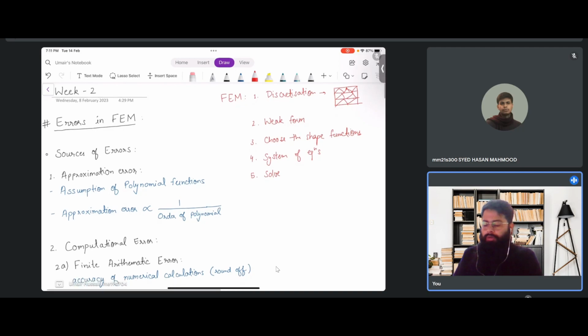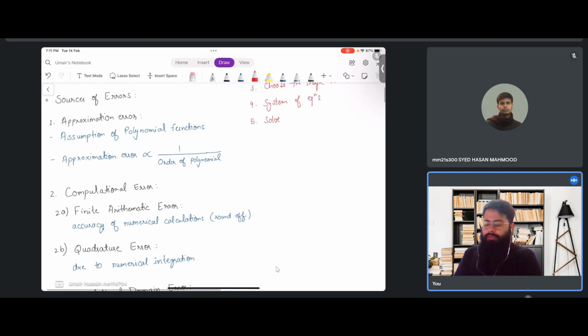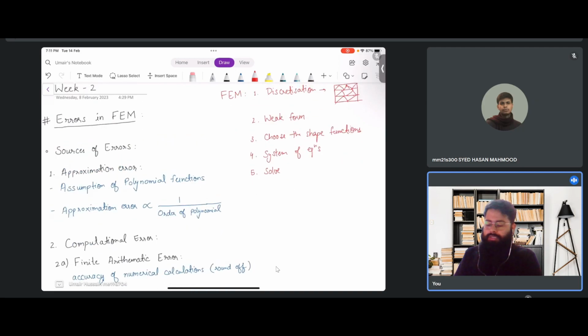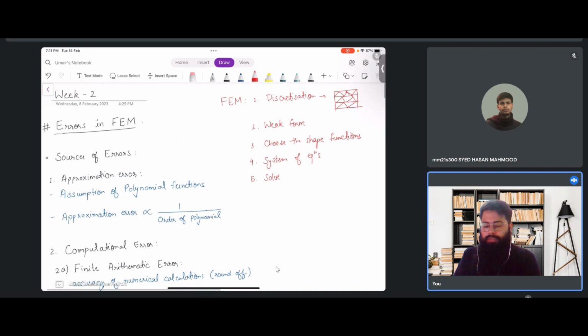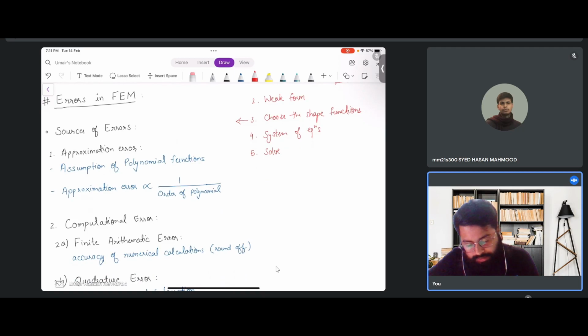The first source of error is the approximation error. As discussed in step 3 here, we have to choose some shape function. Suppose it's a linear 1D element, so it's a 1D domain, and the solution should vary from 0 to 1.